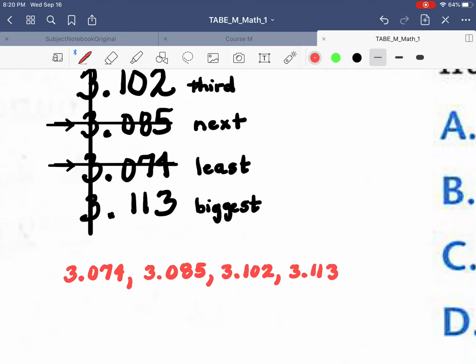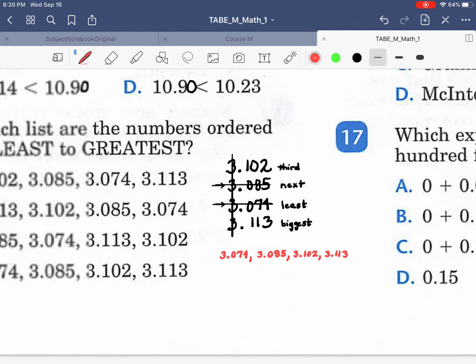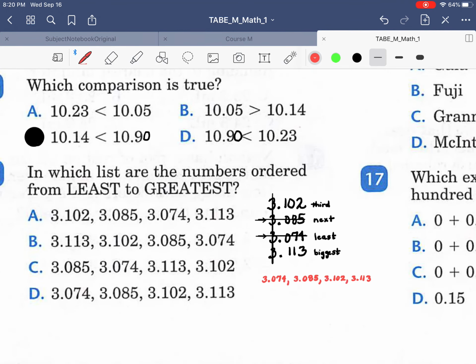And let's just make sure that these are in the right order. 74, 85, 102, and 113. So this is least to greatest. Now I just need to match that to the correct answer. So 3.074 comes first. It would have to be D.